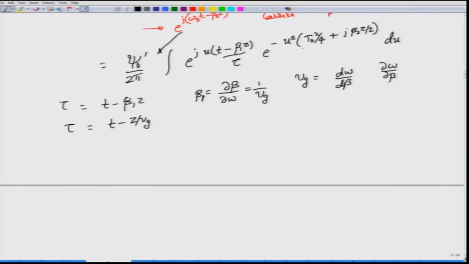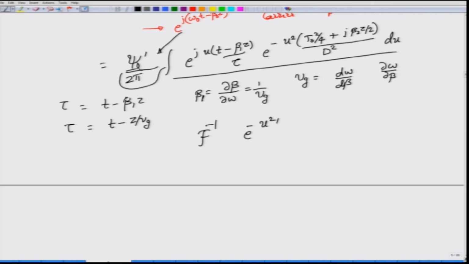What is left here is one big term which you can think of as some d square, where d is a constant, because t 0 square is a constant, and beta 2 is a constant, since we have evaluated beta 2 at that particular point. Z is also a constant because you are looking at a particular value of z. So, you can write this as d square, and what is really happening in this equation, including the 1 by 2 pi, is that you are simply looking at the inverse Fourier transform of e power minus u square d square.